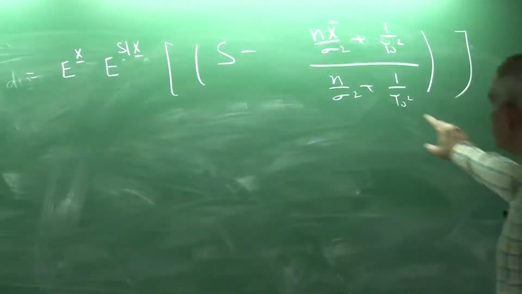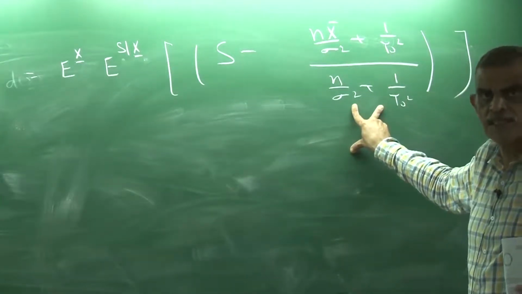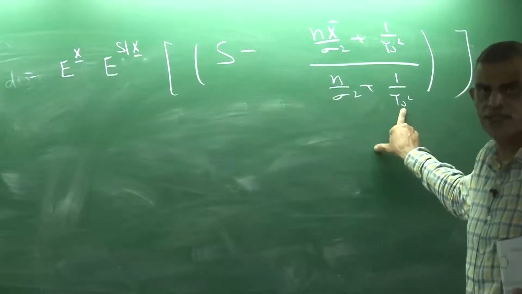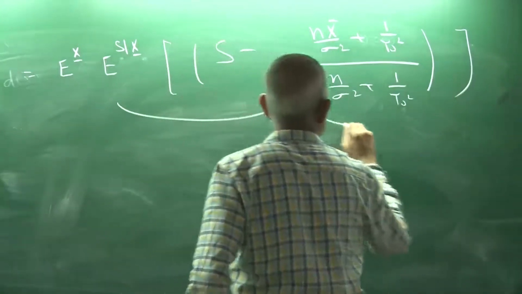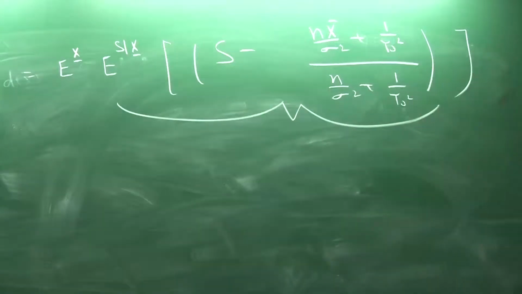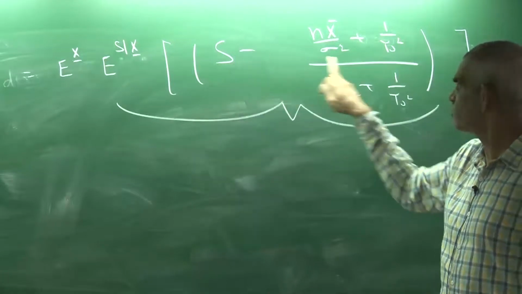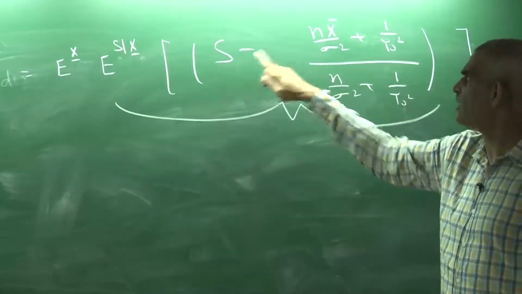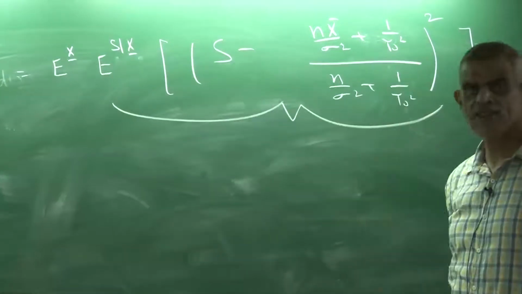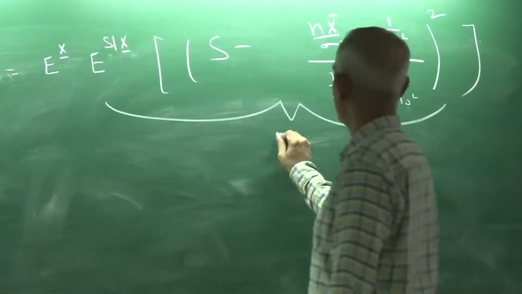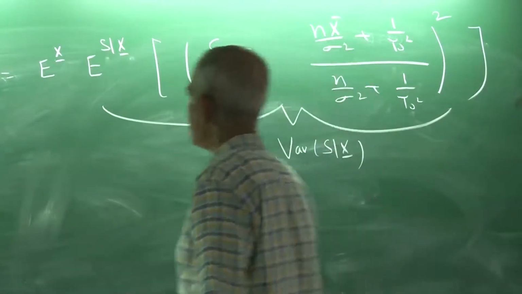Now in the posterior distribution, this is the mean. The Bayes estimator is nothing but the mean. So it is the mean of S in the posterior distribution. So if you look at this quantity, it is nothing but the posterior variance of S, because the Bayes estimator is nothing but the mean. So S minus the mean, whole square, becomes the variance of S given X, the same as the posterior variance of S. And what is that?